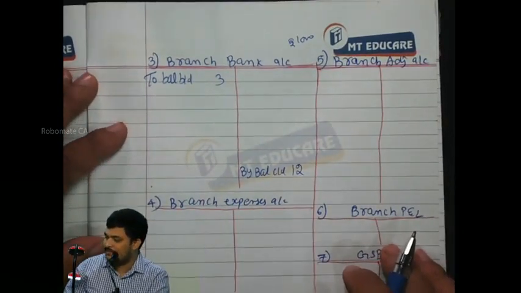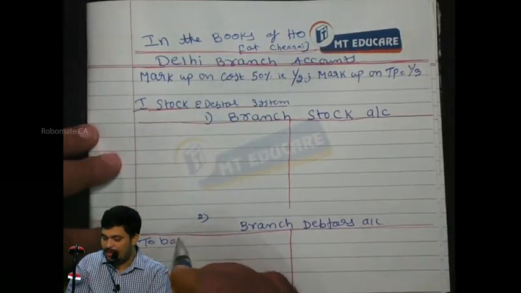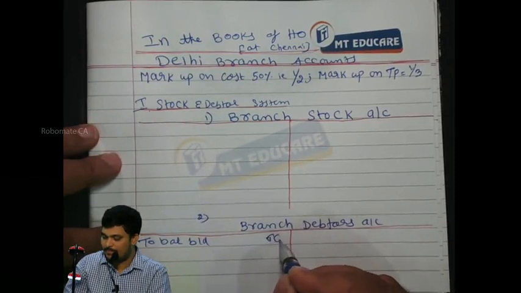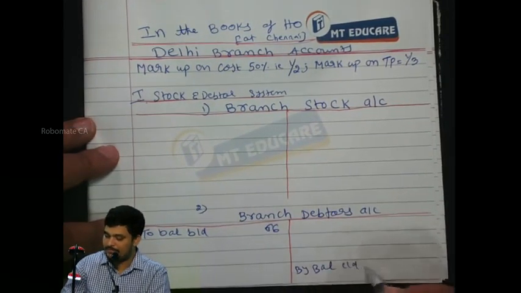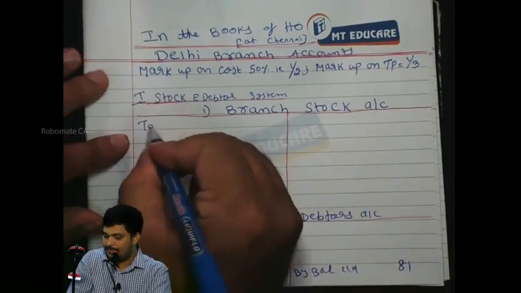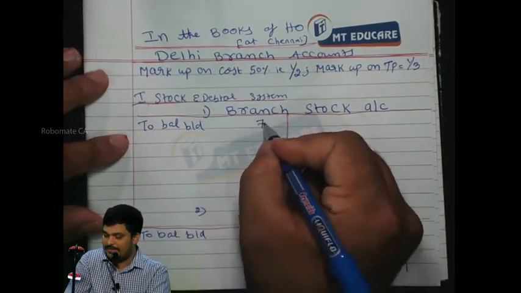Next. Branch debtors, to balance brought down, by balance carried down. Yeah, to balance brought down, 70.